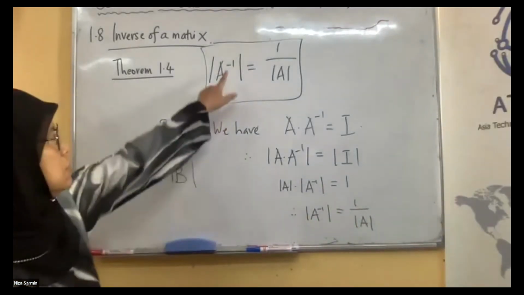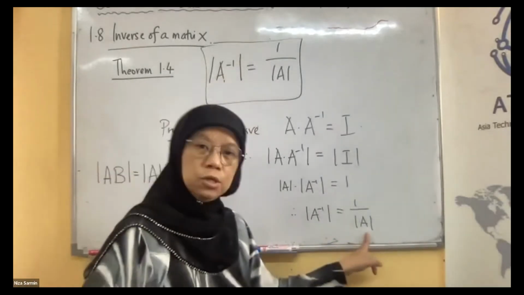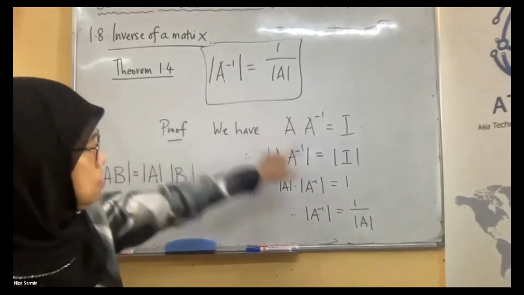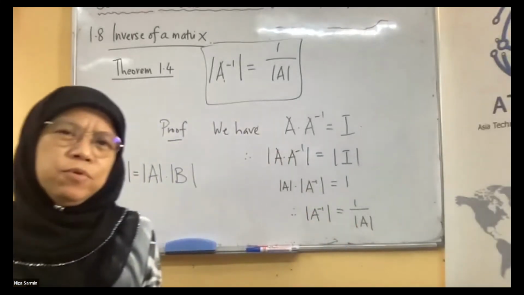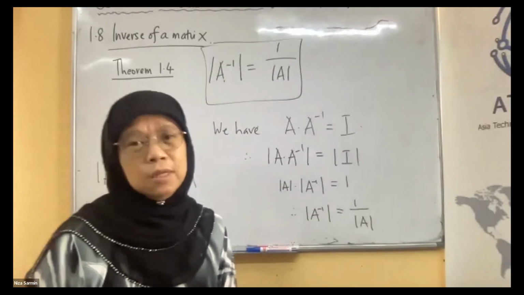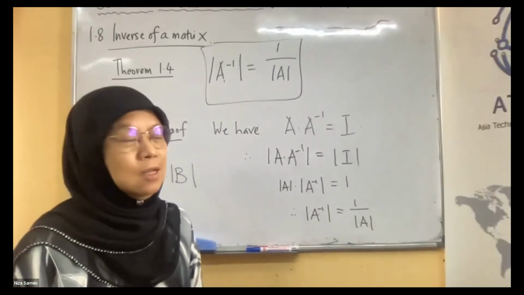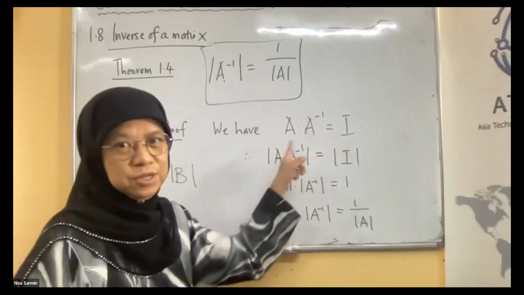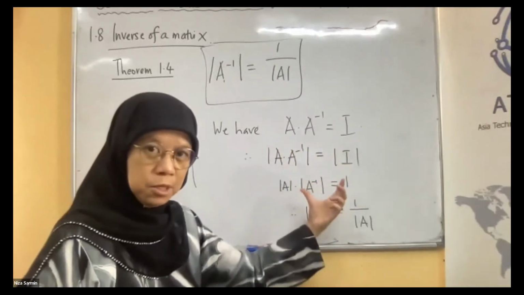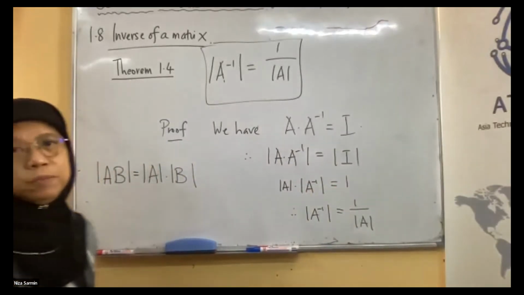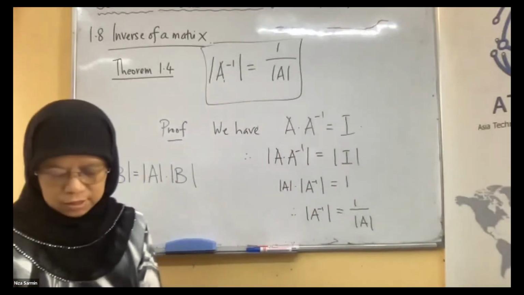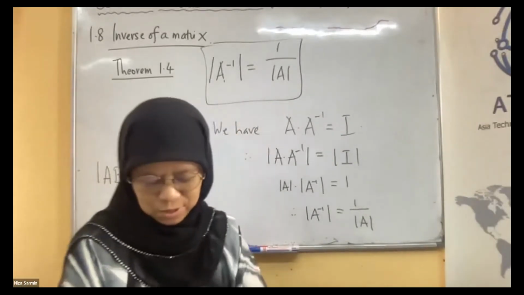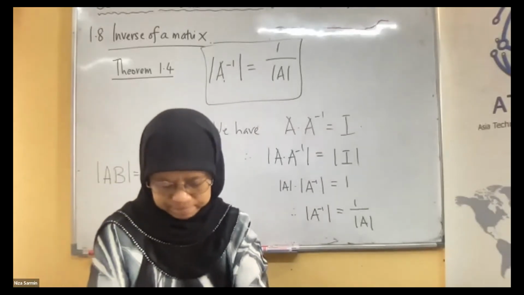Since the inverse exists, the determinant of A is not 0, so we can divide. So this is what we want to show. You see that the proof might be very, very simple, but you have to understand that you prove it by using the definition, taking the determinant, and then just using the property. So if I give you a proof question like this, you know how to prove it.